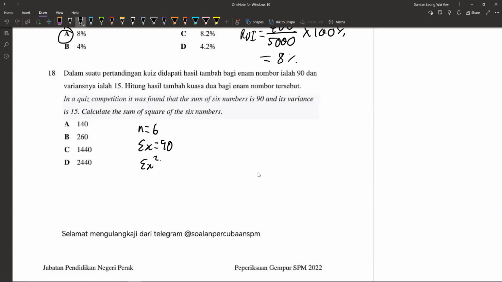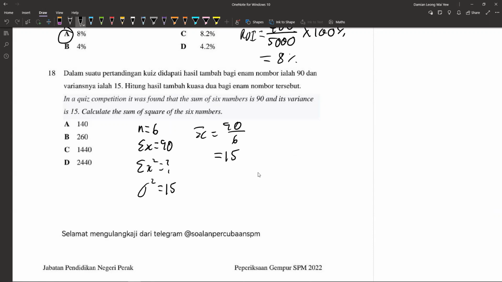Sum of values square is what I want to find. Variance is 15. So using these two, I can find the mean. Mean is 90 over 6, 15.